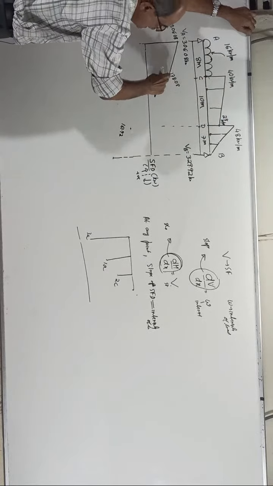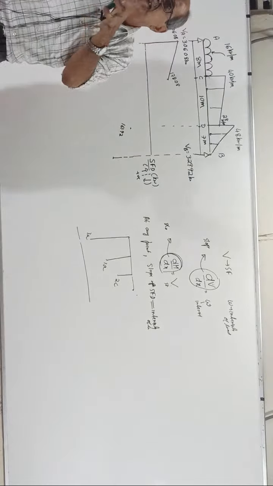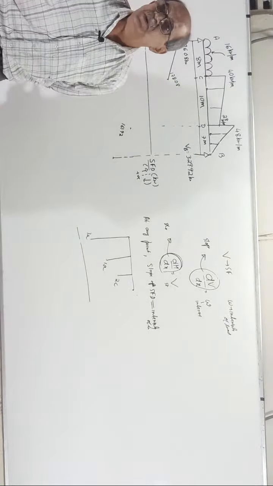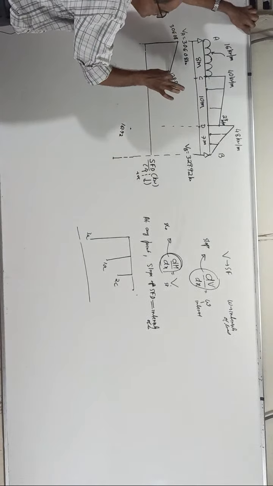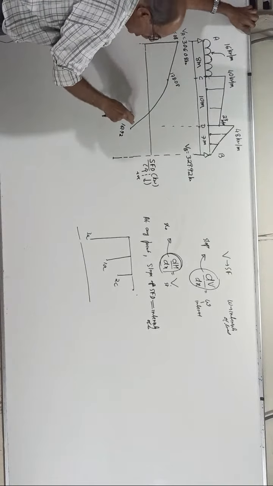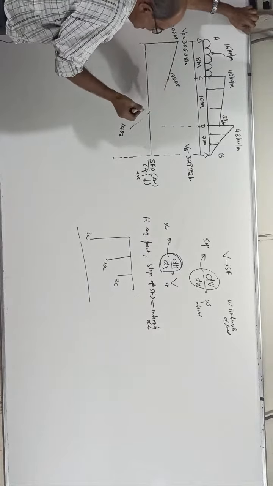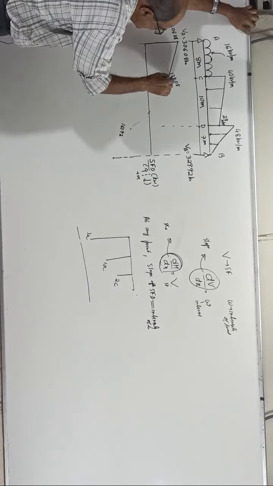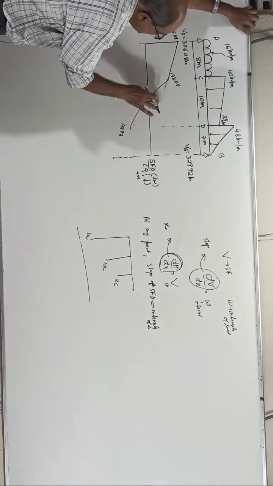Now see, this is a uniformly varying load. Therefore, from here to here, it is a parabolic variation. Oh yes, the moment it is a parabolic variation, you should be careful. How? See, I will draw the curve. One chance, the curve comes this way. Another chance, the curve comes this way. Tell me, which is correct?